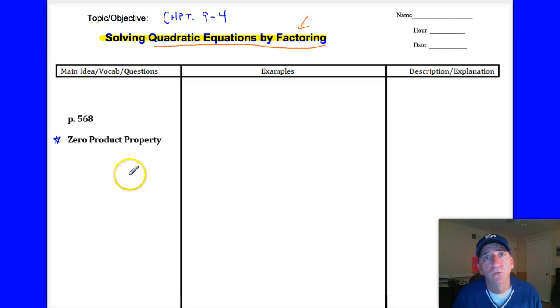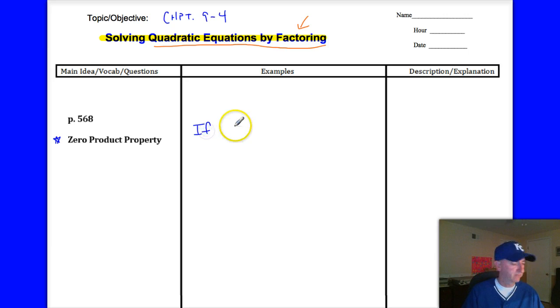It's something you know. Something that is second nature to you at this part. Here's what it is written out in algebra terms. Copy this down. If a times b equals 0, then a equals 0 or b equals 0.